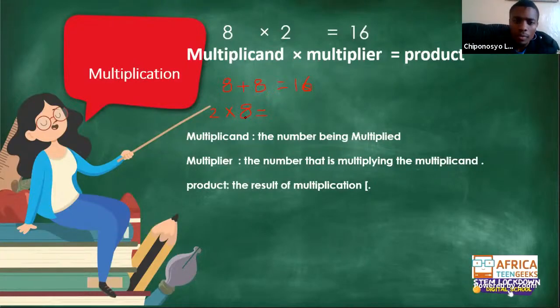And how many times are you going to be multiplying it, or adding it rather, is what? 8 times.